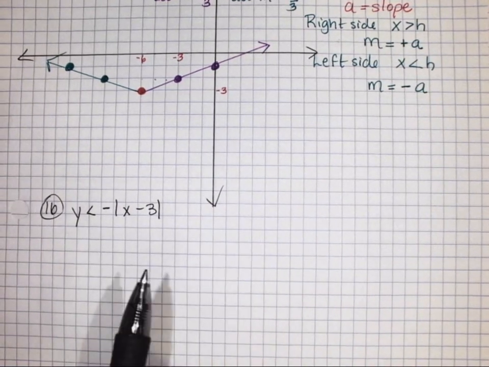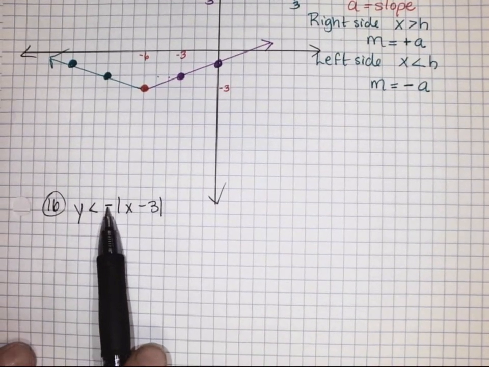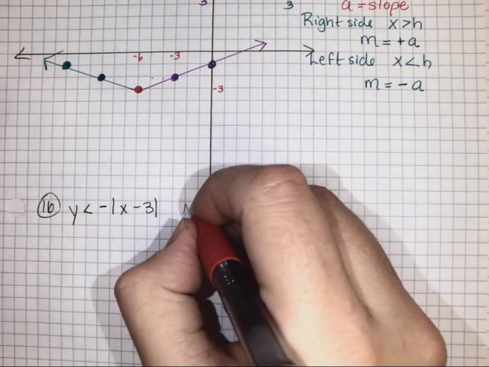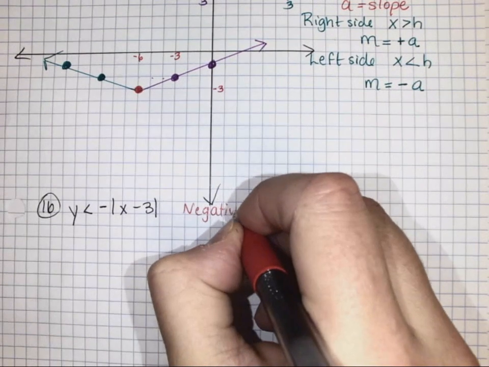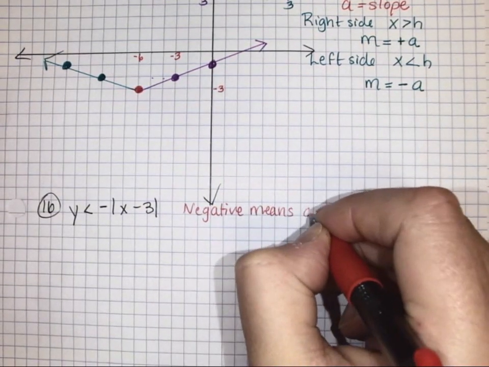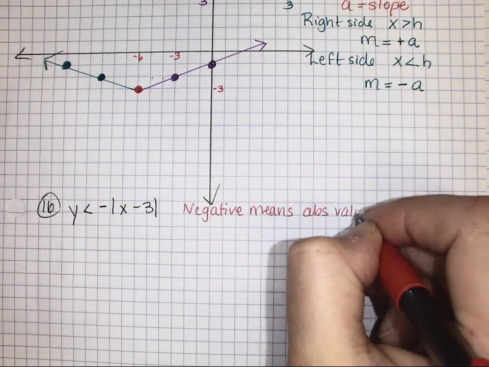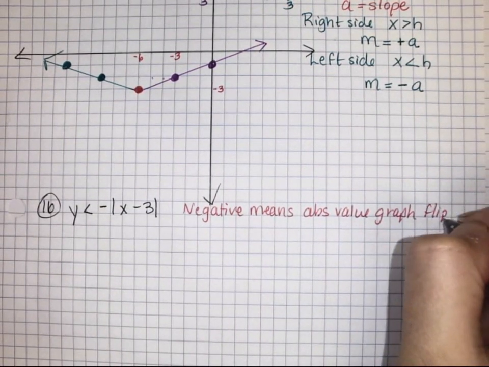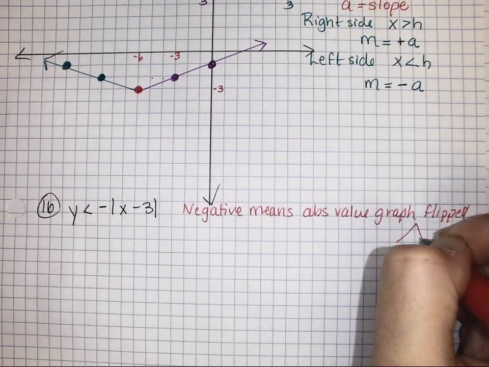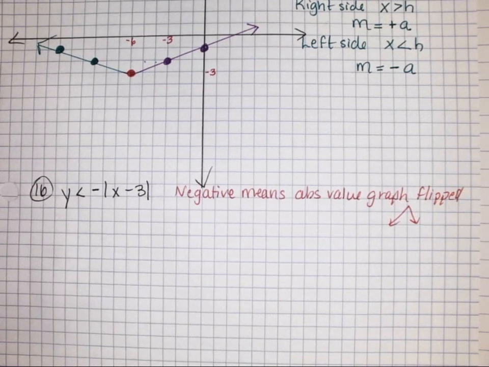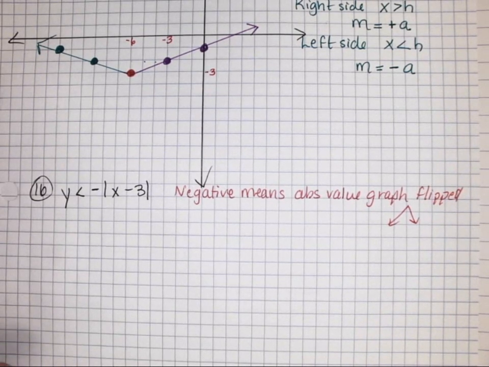This graph is going to be flipped down because that's a negative. So when you see a negative out front, the negative sign means your absolute value graph is flipped. So this one's going to be an upside down V, and it's an inequality. So I'll show you how to graph this in vertex form, just like we just did the other one.